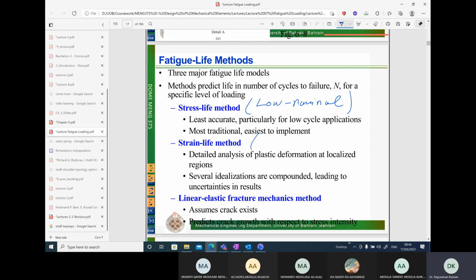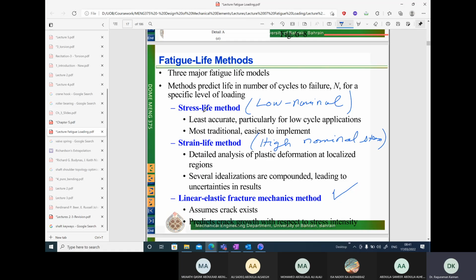If it is high nominal stress, then we use the strain life method. And in case we know there are cracks present inside the material, then linear elastic fracture mechanics. Again, we can use the ideas of stress intensity factor and critical stress intensity factor, or fracture toughness, here also, and predict what would be the life of the specimen.